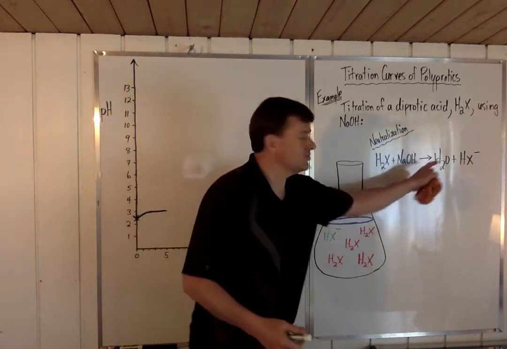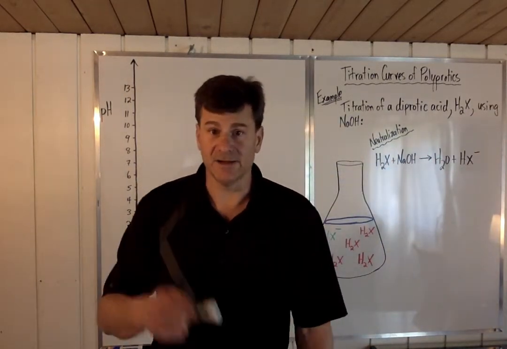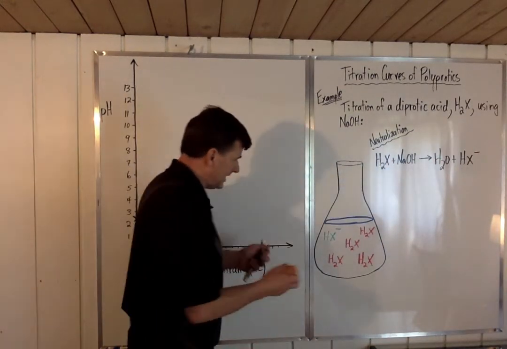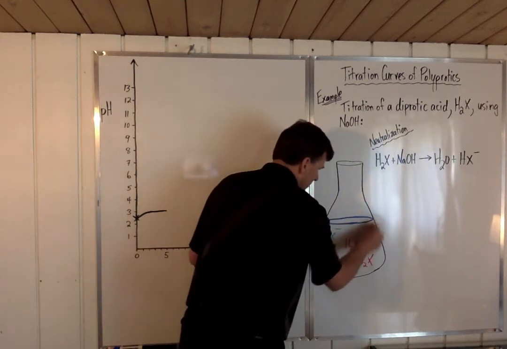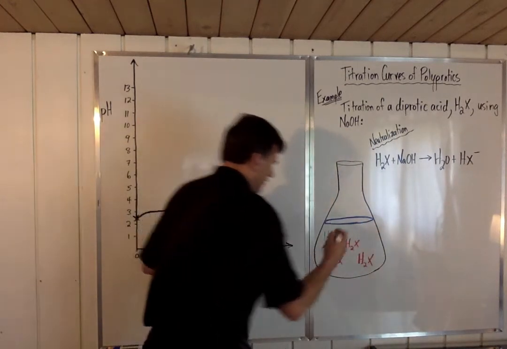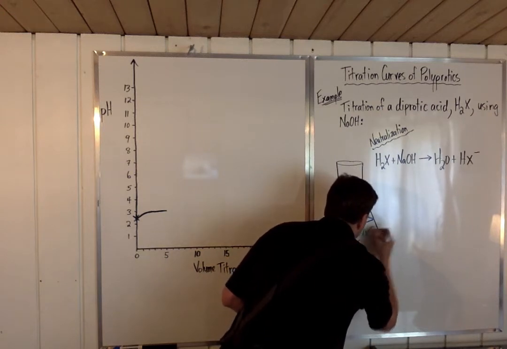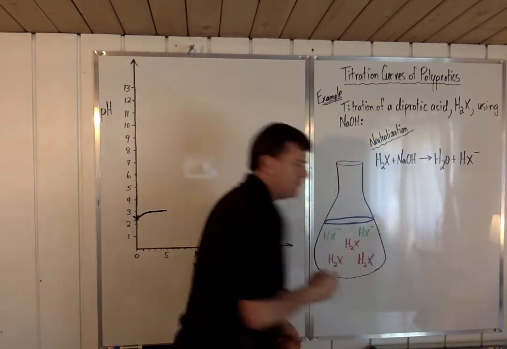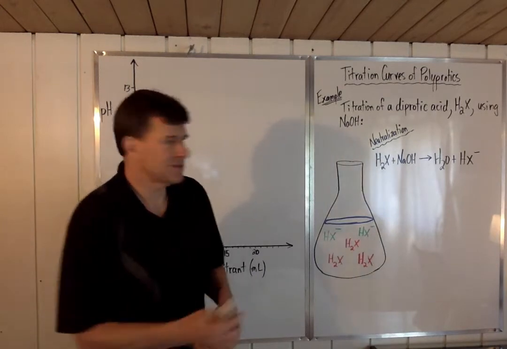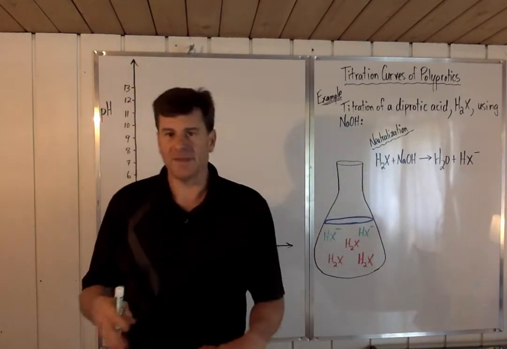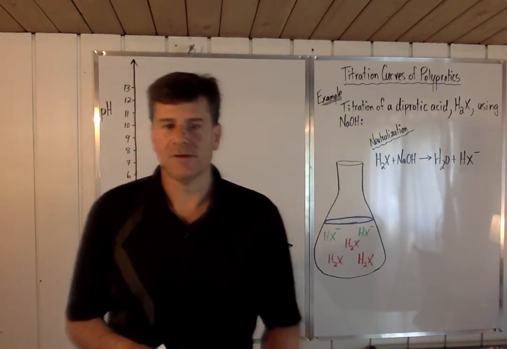So do this neutralization again. And so what happens is maybe this guy gets converted into an HX minus. And so it did this reaction with the NaOH that we dropped in there.